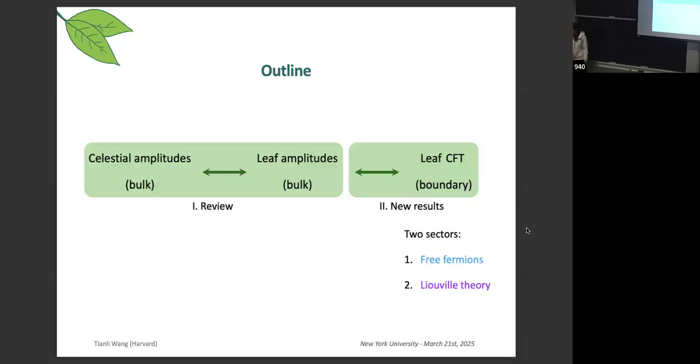Good. That's all the field content you will consider? Free fermions and Liouville only? Yeah, exactly. That's enough. In this bottom-up construction, that's enough to reproduce the leaf amplitudes. Thanks. So yeah, I'll start with the left side of the chain and go to the right.